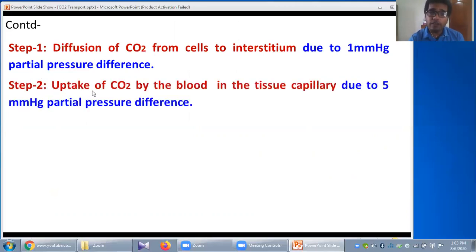And then from the interstitium, this carbon dioxide will be taken up by the blood in the tissue capillaries due to a 5 millimeter of mercury pressure difference, because you know the blood coming to the tissue capillary from the arterial side has a partial pressure of carbon dioxide of 40 millimeter of mercury, and the interstitium is 45. So there is a 5 millimeter of mercury pressure gradient of carbon dioxide, and that will allow the diffusion of carbon dioxide from the interstitium to the plasma.